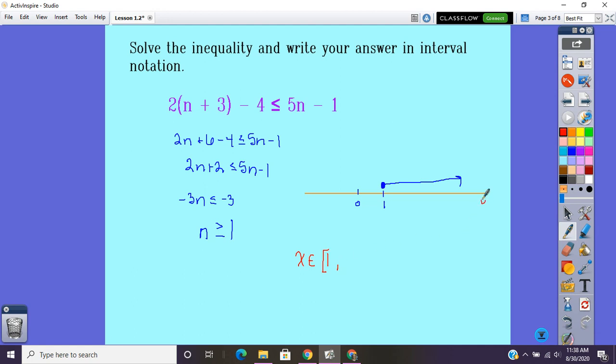And then keep in mind, here's our positive infinity, here's our negative infinity, so we're heading towards positive infinity, and infinities are always a parenthesis. So we solved the inequality, which gives us our set notation, and then we're writing our answer in interval notation, just as from where we start to where we're going.